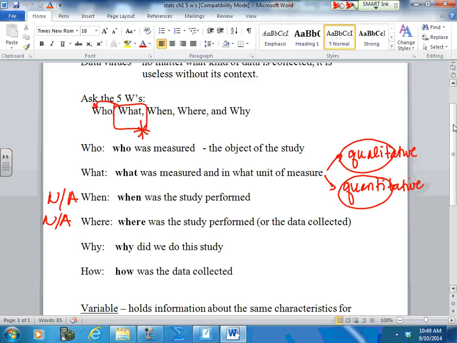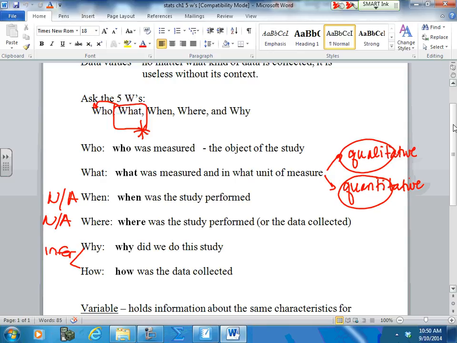The why, sometimes we can see why, and they tell us why. Other times we have to infer this. Infer means you have to come up with a good reason why they must have done this. A good educated guess reason. So we can get that from the data that we collect.